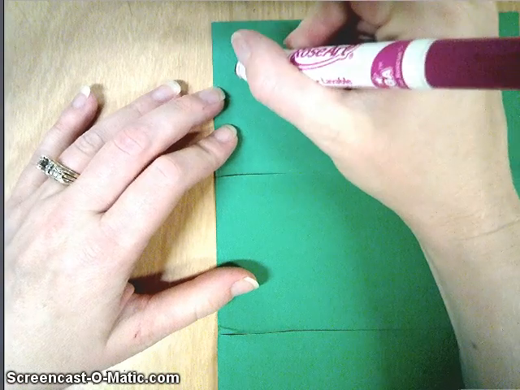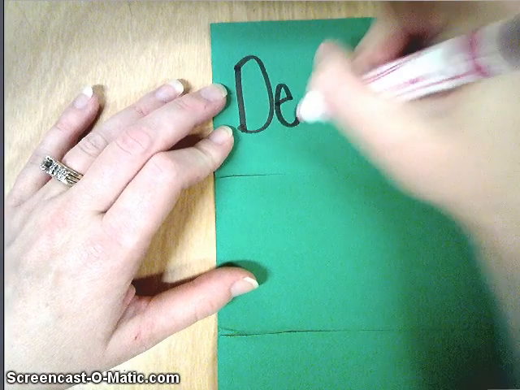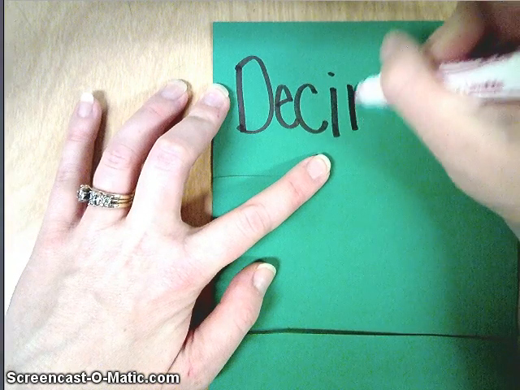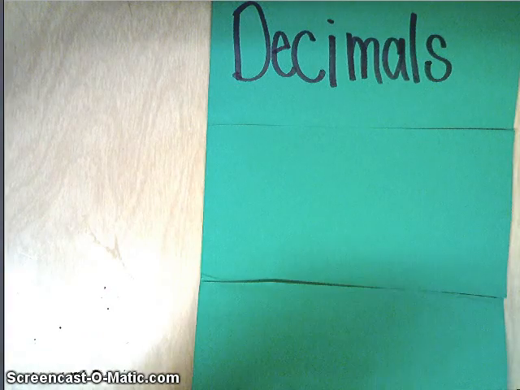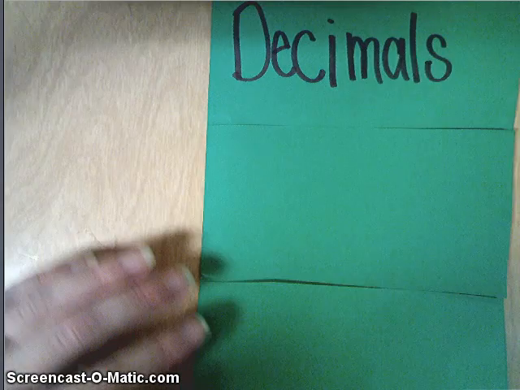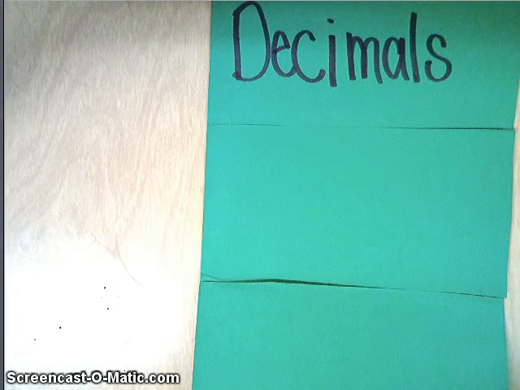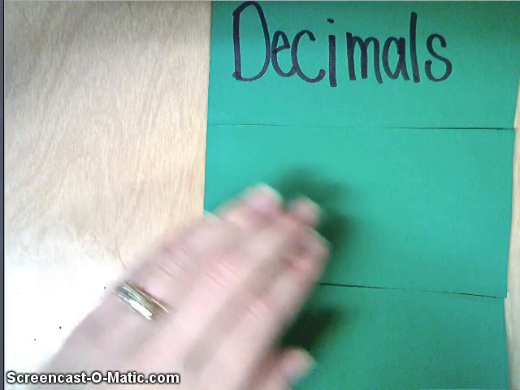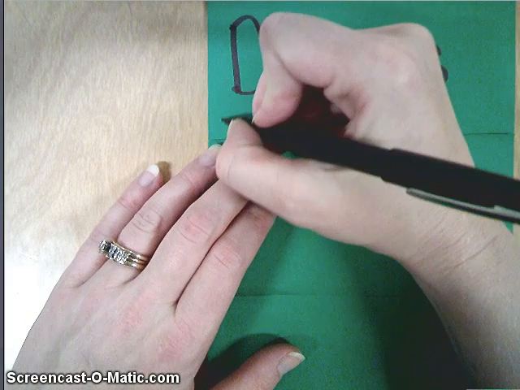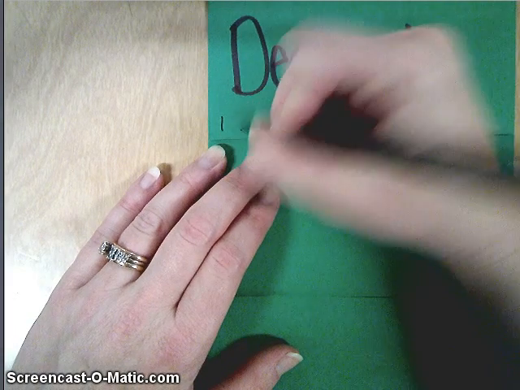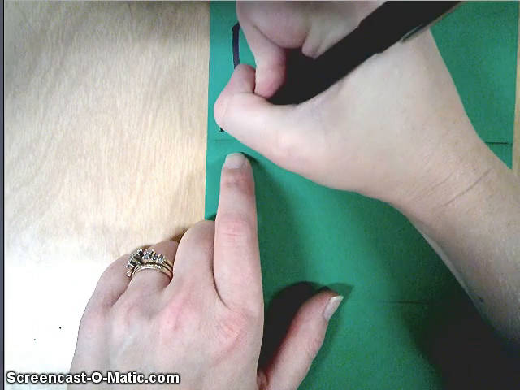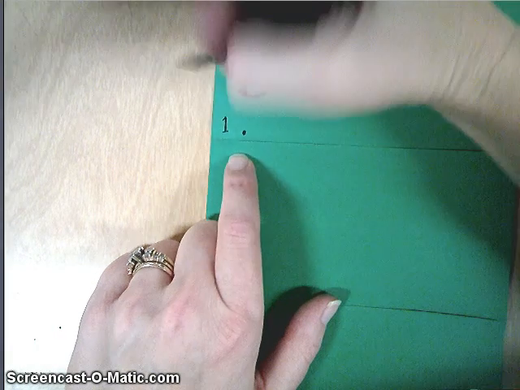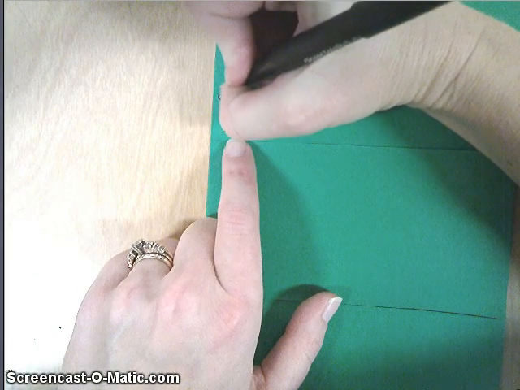The first section we're going to start with is decimals. Something that will be super helpful for you to review would be the place value for the decimals, and I'm going to write this over top. So if we have 1 decimal, this 1 is in the 1's place value.